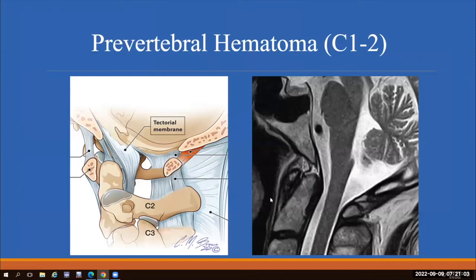Now, there are other places to look for hematomas on CT scan: a prevertebral hematoma. Remember that you have the anterior Atlanto-Occipital membrane complex, which is the Atlanto-Occipital membrane and Atlanto-axial membrane between the clivus and the anterior arch of C1, and then from the anterior arch of C1 down to the anterior longitudinal ligament. Here it is on an MRI, the anterior Atlanto-Occipital membrane complex.